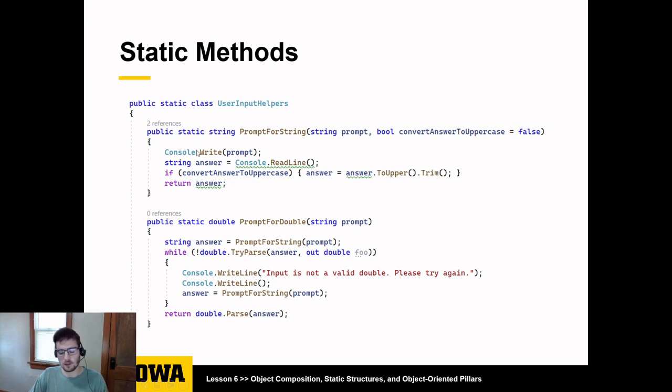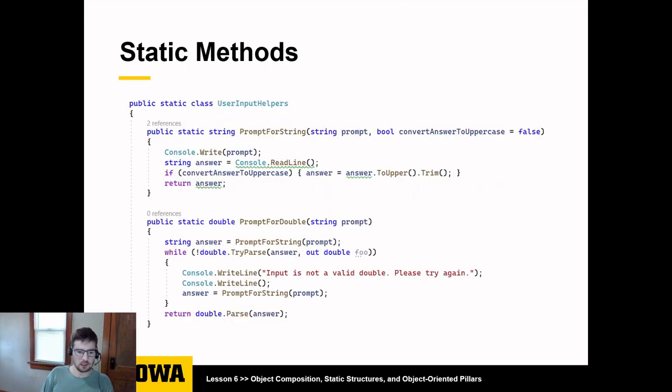The idea is we only need one algorithm or piece of code or function that describes how to get a piece of information from the user via the console, right? And while we're looking at this, console.readline is also another static method, right?